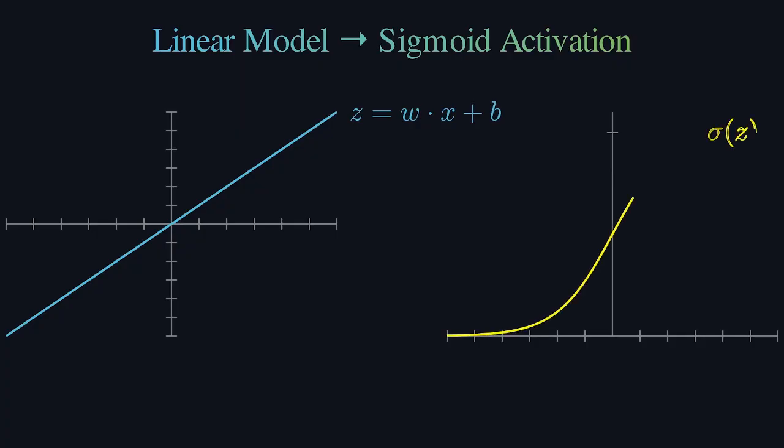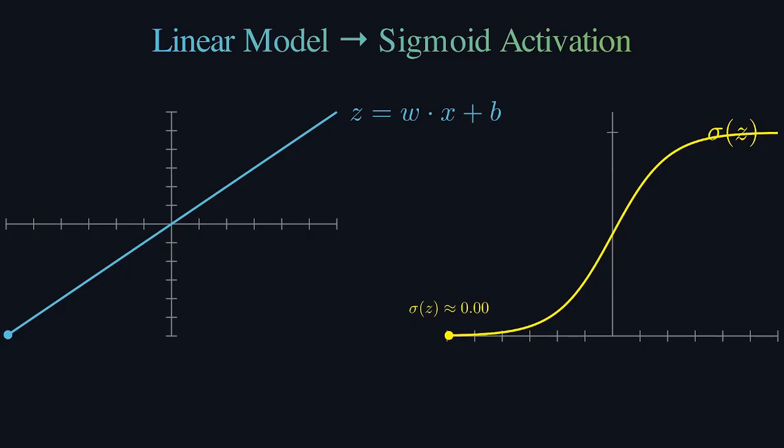The left hand side graph shows a simple linear line z is equal to wx plus b, and it shows that the values can be from negative infinity to positive infinity, and this is a straight line. Now let's see the right hand graph.